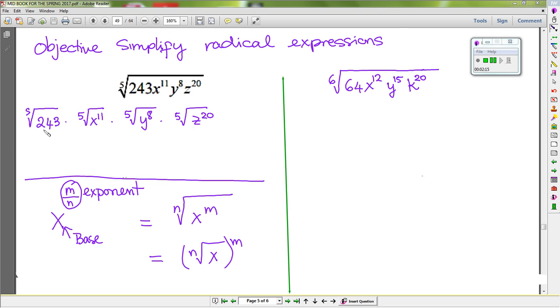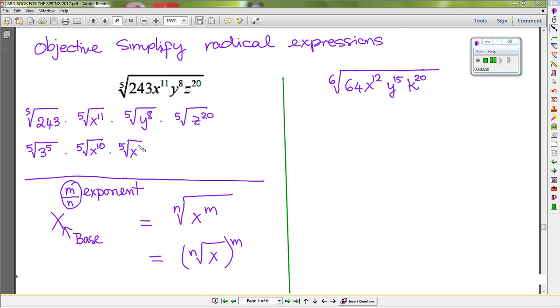Okay, next, 243 is 3 to the power 5. So the 5th root of 3 to the power 5 times, now x to the power 11, I can write as x to the power 10 times x to the power 1.